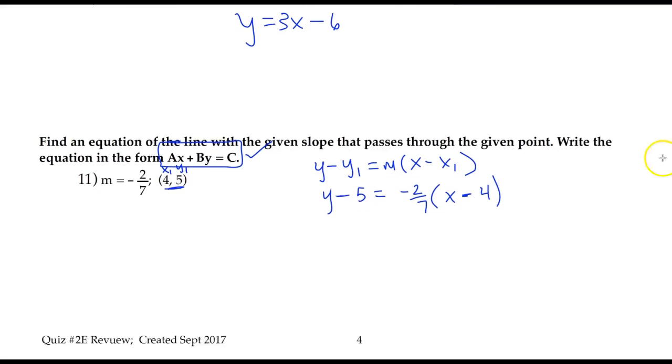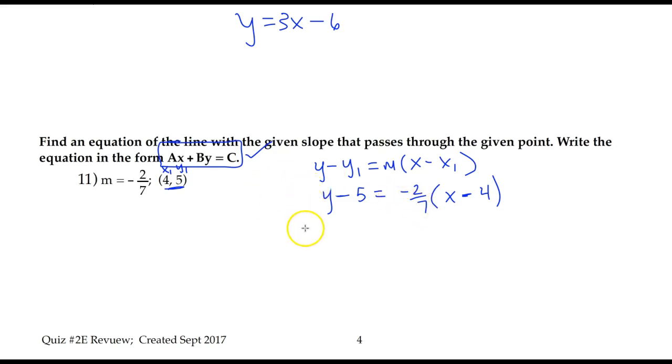Now, to try to make the math a little bit easier here, I don't want to deal with this negative 2/7 and distribute it over to both terms here, because if I do that, then I have to deal with more fractions. Since this is negative 2/7 times x minus 4, one thing I could do is multiply both sides by the LCD of this particular fraction, which is 7, so I can clear out the fractions.